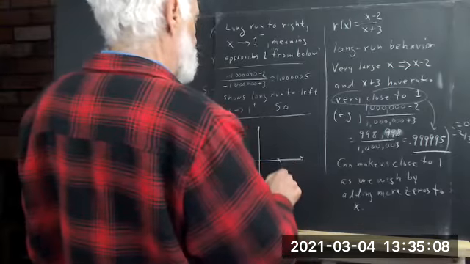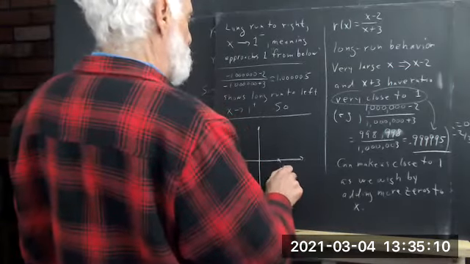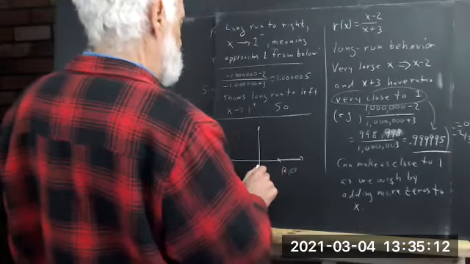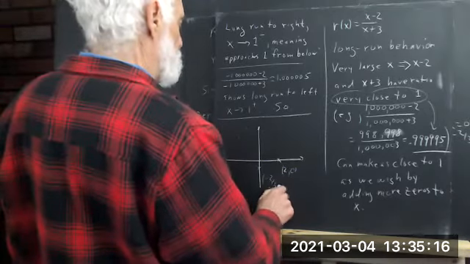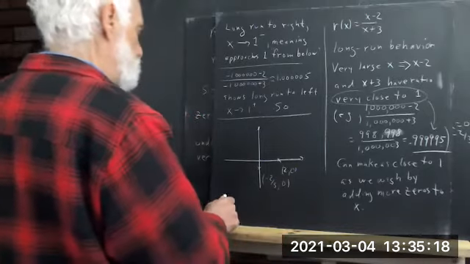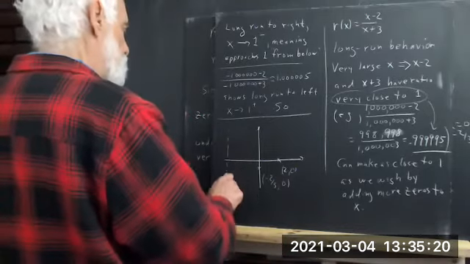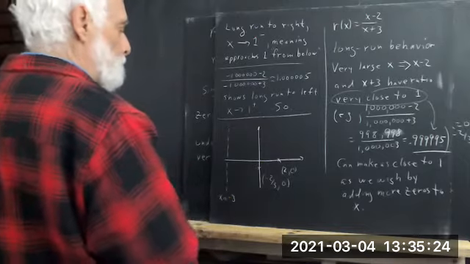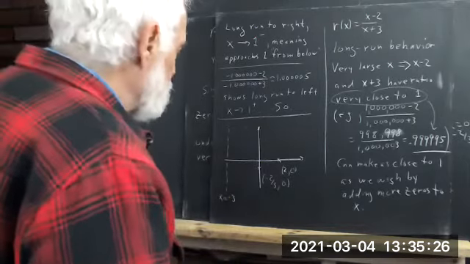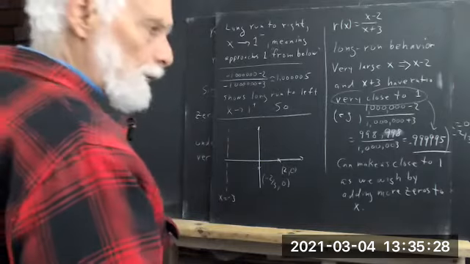looks like this. It's got its 0 at x equals 2. Got the y-intercept at (0, -2/3). It's got x equals negative 3. And I should have compressed that a little bit.